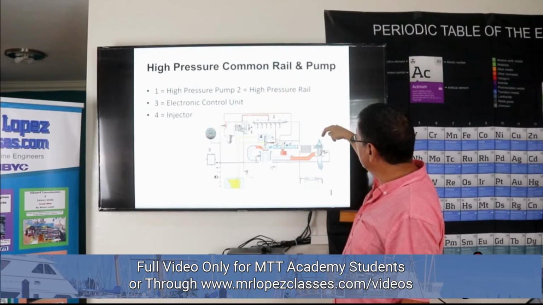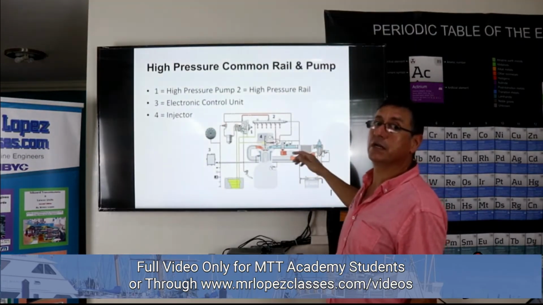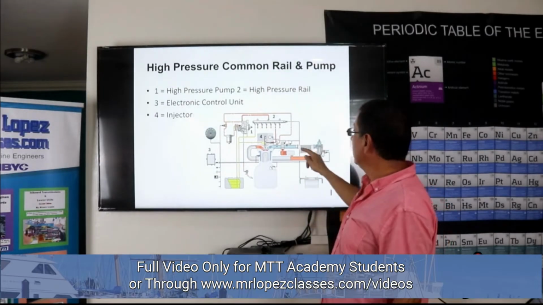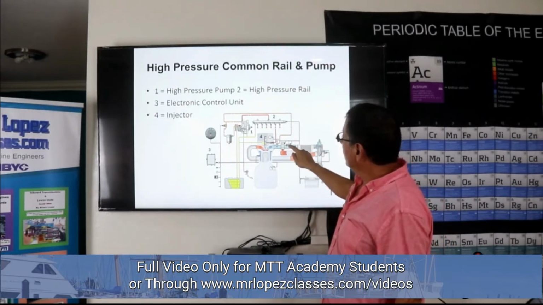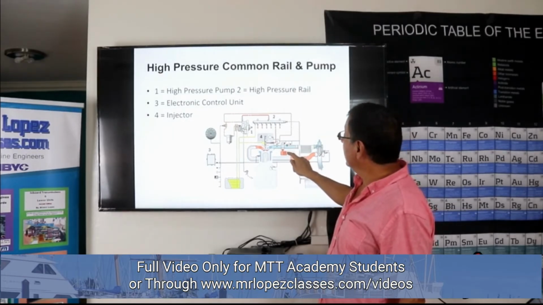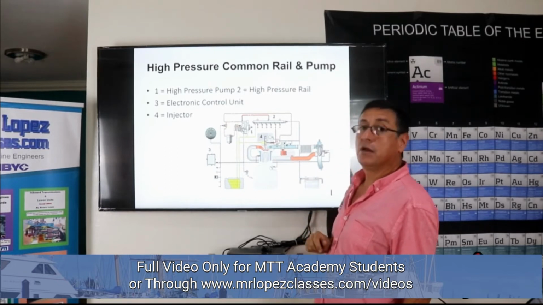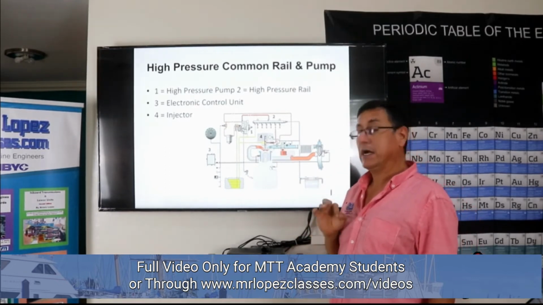The air filter is located here, and the high pressure air passes through the intercooler in order to reduce the temperature of the air. The air continues. We have the intake air temperature sensor here, and the air enters the combustion chamber with the appropriate pressure and temperature.